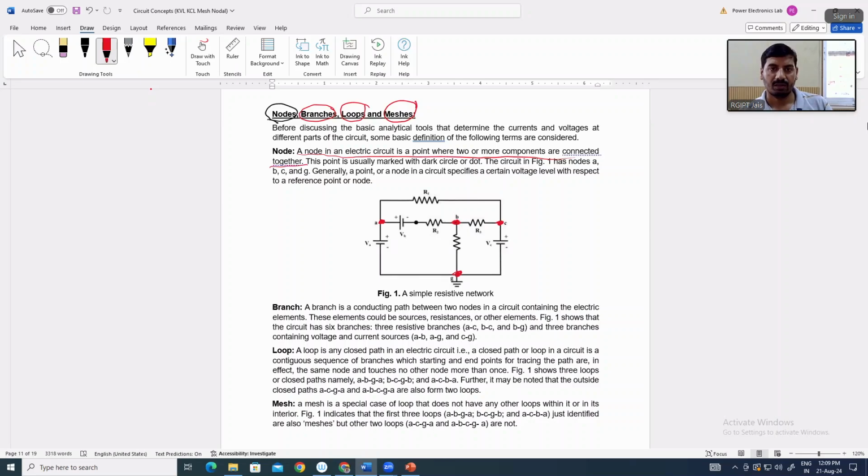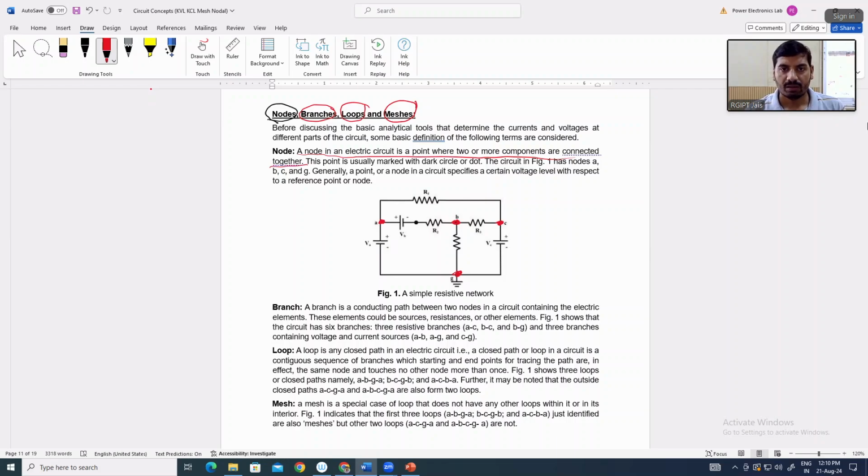Resistor R1 is connected with this node A. This voltage source is connected with A together with a series connected resistance, and this voltage source VA is also connected with this node. So together with this node, there are three branches connected. These all are called branches. We will see next what is the definition of branch. So a node is a point where two or more components are connected together in a network or circuit.